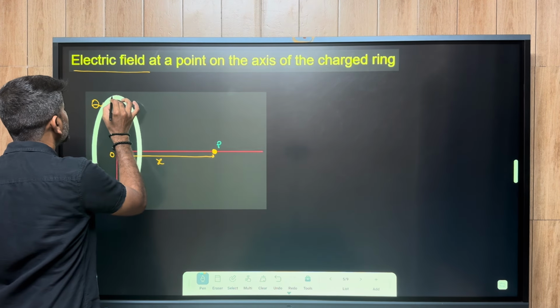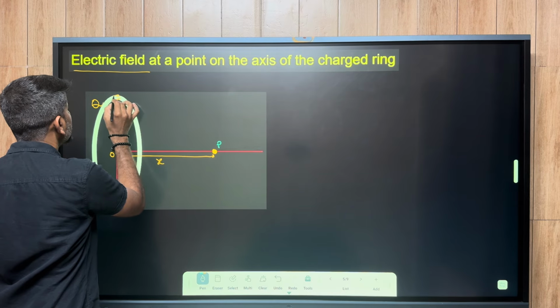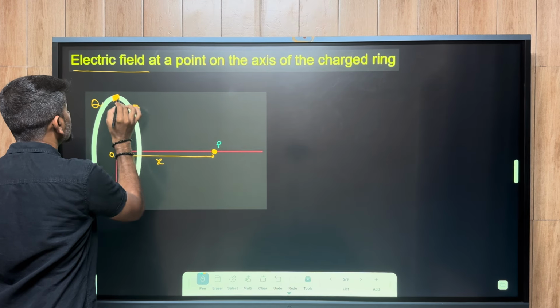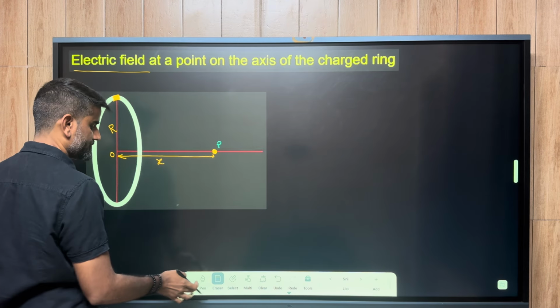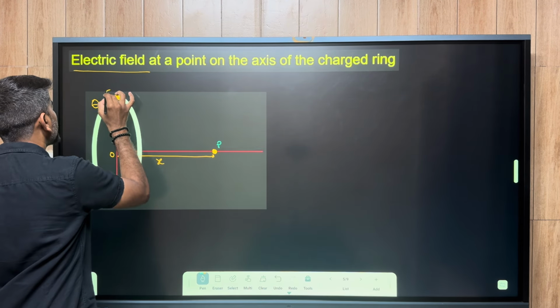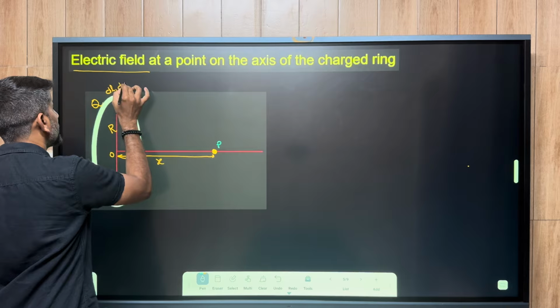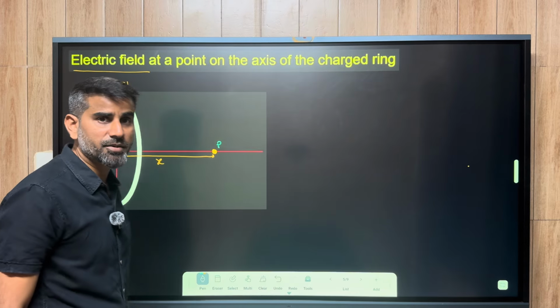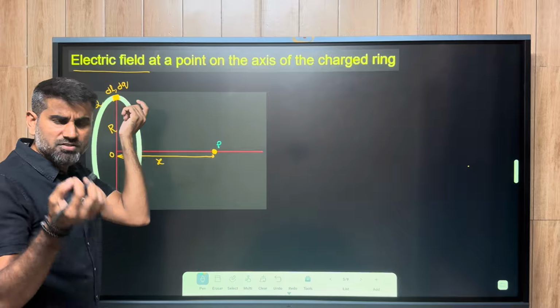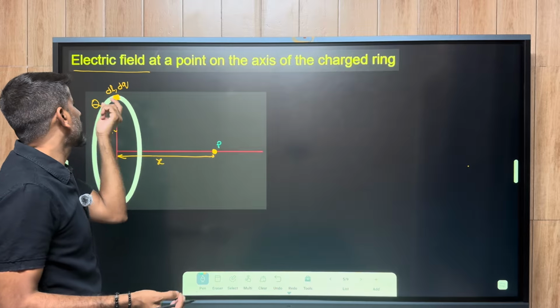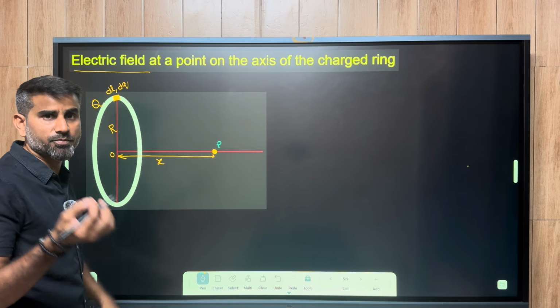So let us consider a tiny element somewhere here. The length of this element is dl, and the charge on this element is dq. Its size is very small, so I can consider this small charge as a point charge.